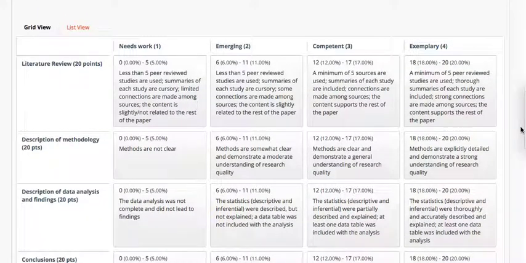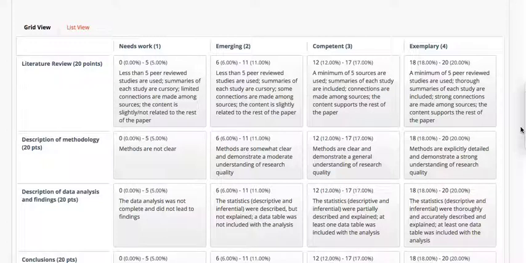Then we have the data analysis section, where both the descriptive and inferential statistics were described and were accurately explained. So what do they mean? It's not enough to just say, all right, here's the mean, but what does that show you, or the standard deviation?